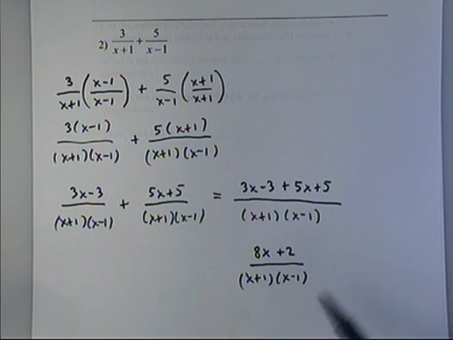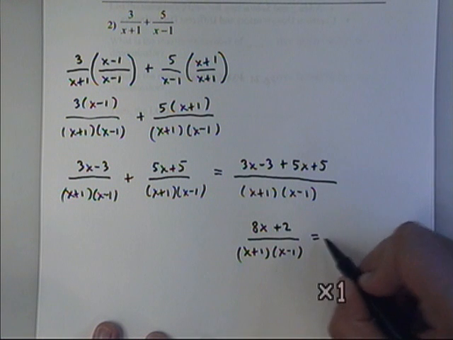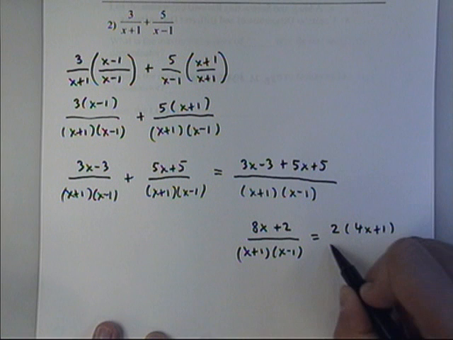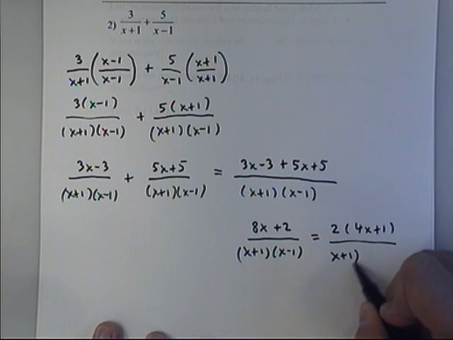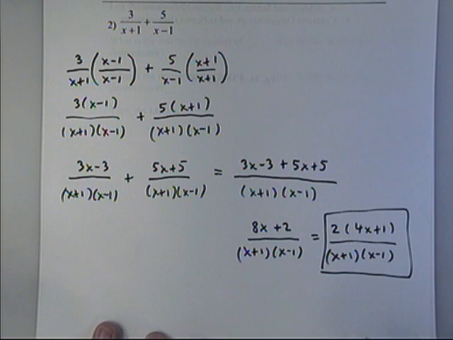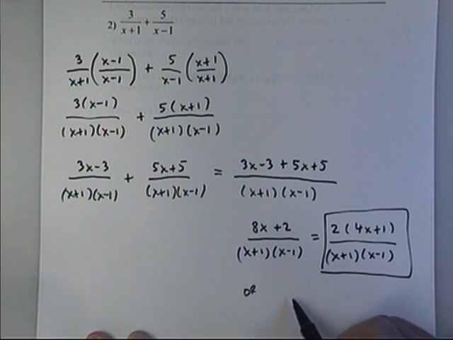Now, you can write your answer in two ways. You can either write it in factored form, which as the top you can see we can factor out a 2, which would look like this. Or you can write it in expanded form, which is more like this.